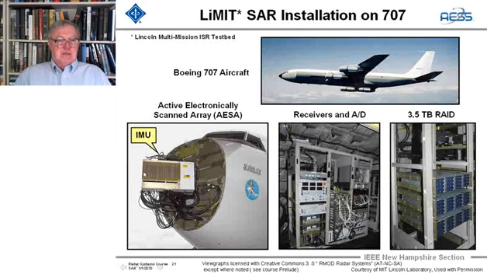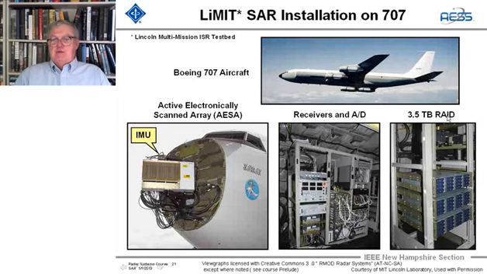It's an X-band radar. It's an active electronically scanned array on the nose of a 707 right here. And inside the body of the aircraft are the receivers and A to D converters. And so the algorithmic people can play with the data before it's all made as small as possible.